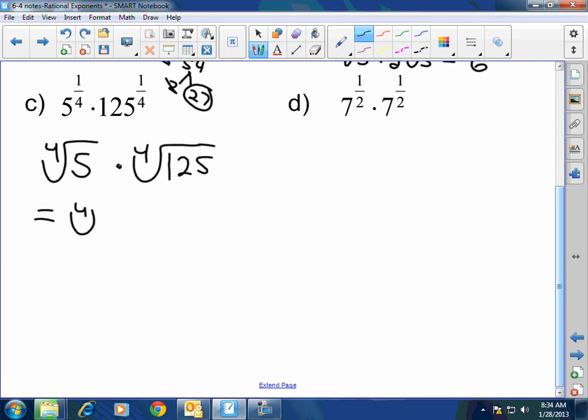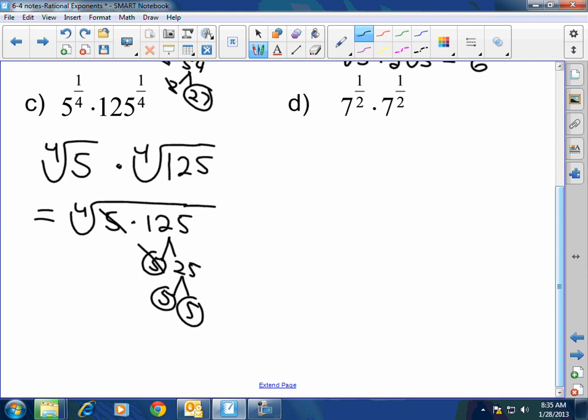This is the 4th root of 5 times 125. Sometimes it behooves you not to multiply the radicand completely because we know we're going to go ahead and reduce it, right? We're going to simplify it. So in this case, this is 5 times 25. This is 5 times 5. Boom, there it is. I got a 5, a 5, a 5, a 5. I got 4 5s in a 4th root, so that comes out as 1 5.